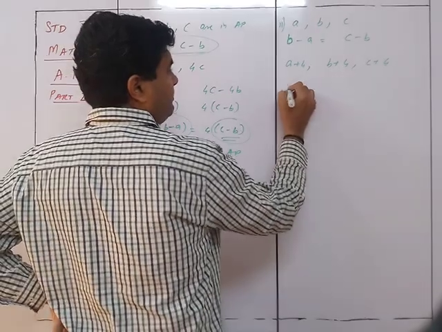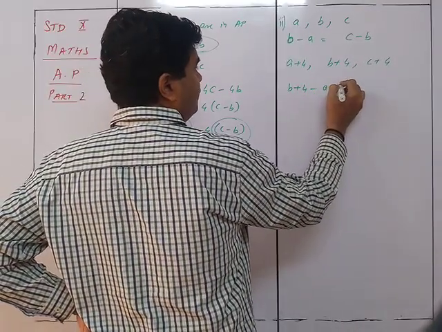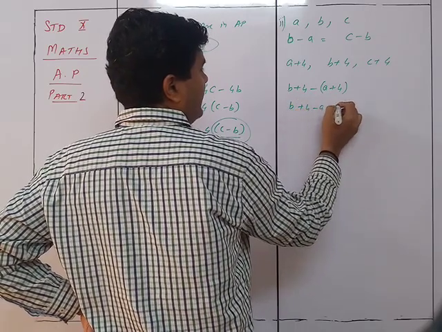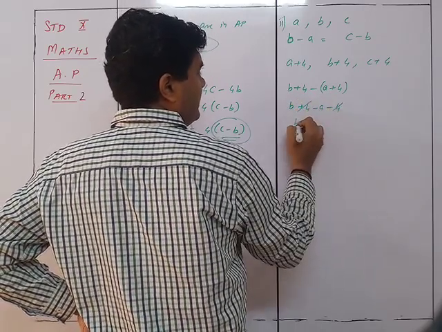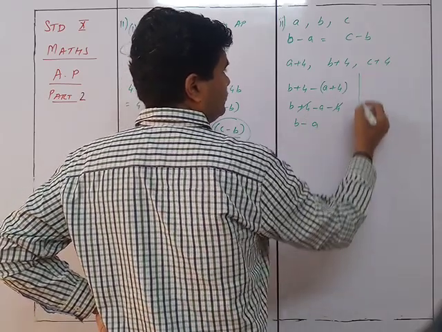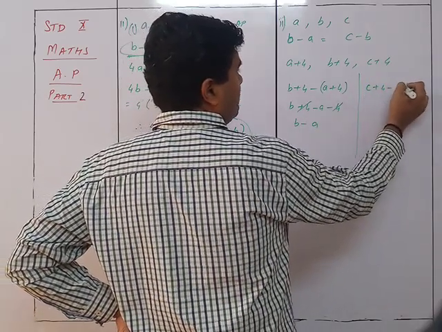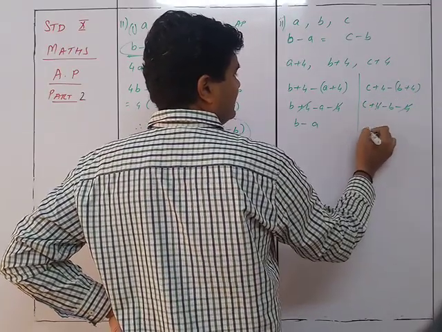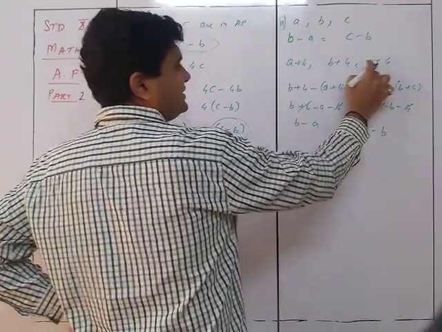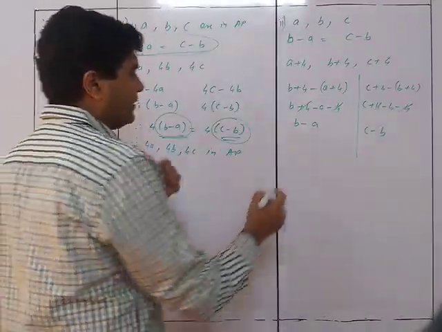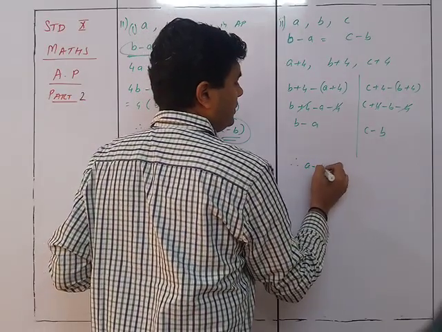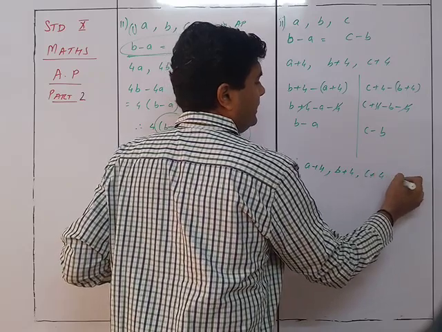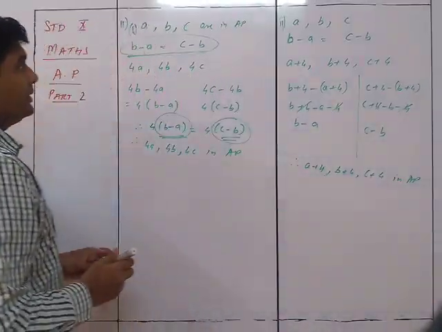So again we can see B plus 4 minus A plus 4 will be B plus 4 minus A minus 4, so 4 gets cancelled, it's B minus A, and over here the next one is C plus 4 minus B plus 4, that will be C plus 4 minus B minus 4, 4 gets cancelled, C minus B. So you can see this is the same as this, therefore A plus 4, B plus 4 and C plus 4 are in AP. That was sum number 11.